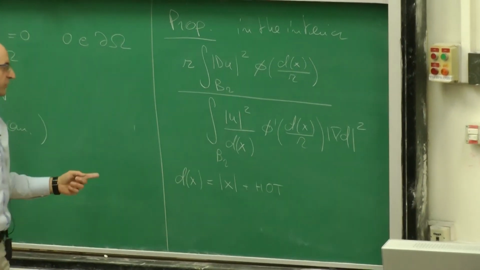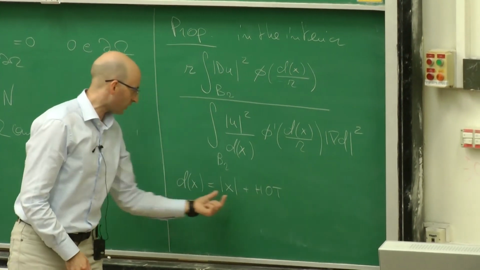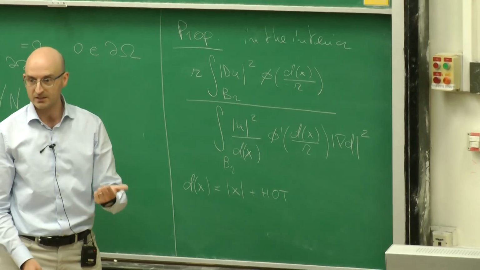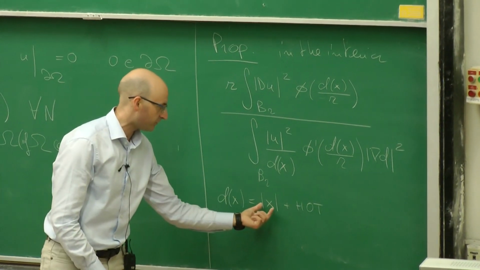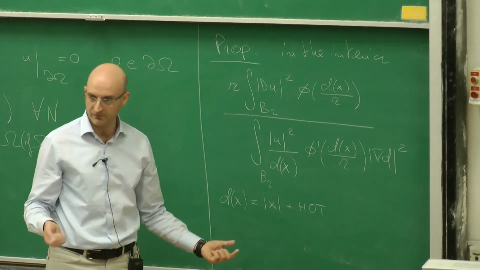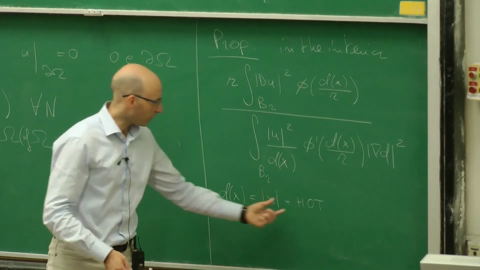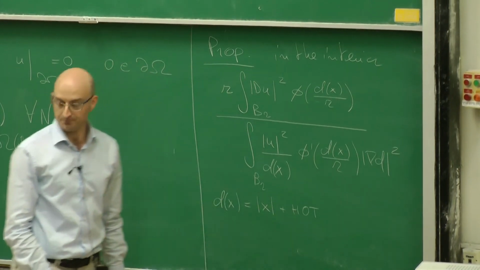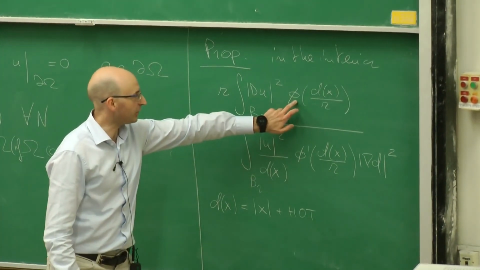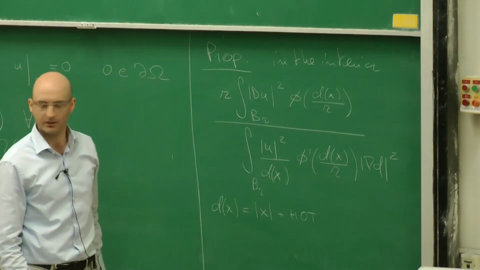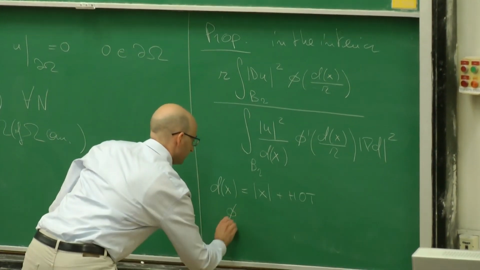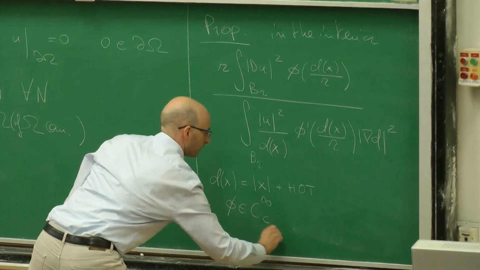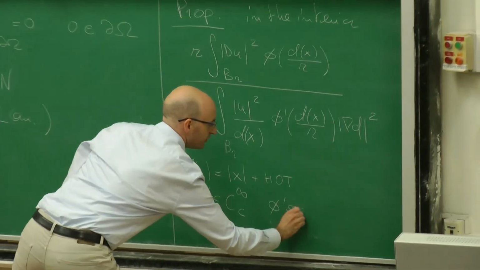I can be precise on these higher order terms. Essentially, the asymptotics of d, the first derivative and the second derivative, have to be the asymptotics of modulus of x, first derivative and second derivatives. So here I can allow, for instance, modulus of x to the power 3/2. Okay? And phi is a smooth, compactly supported cutoff function with phi prime less than or equal to 0.